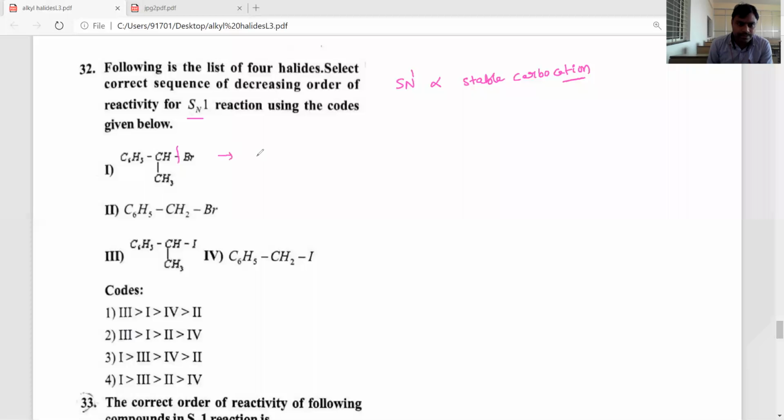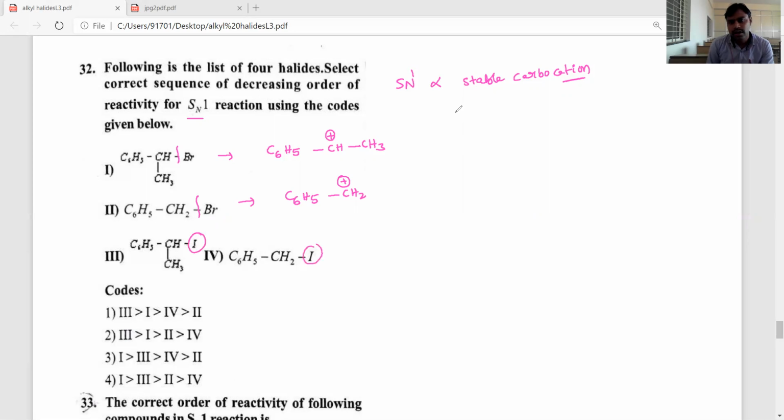Let's see this. C6H5 CH double bond CH3, it is a secondary benzyl carbocation. Okay, now this is a primary benzyl carbocation, C6H5 CH2 plus. Next, the third one: if you observe, this is an alkyl chloride, these both are bromides, it is an iodide.